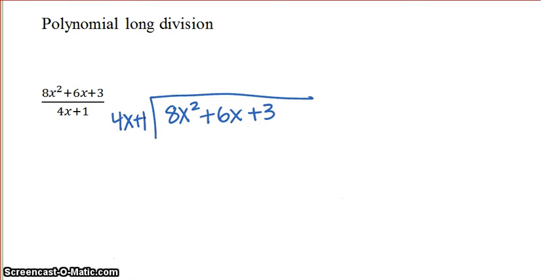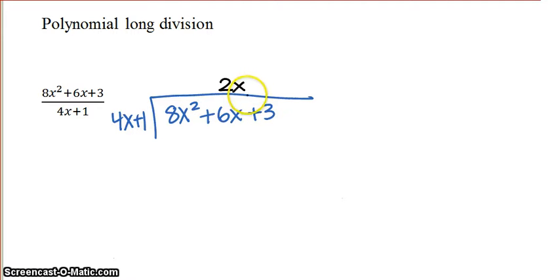Again, we're going to look at the first term, like you see that 4x, to see what we need to multiply. So I'm looking at this first term and this first term right here. I need to know what times 4x will give me 8x squared. Hopefully you're like, Miss Robinson, that is 2x. So I'm going to write 2x above the 6x because it's the same kind of power, so I'm going to line that up.